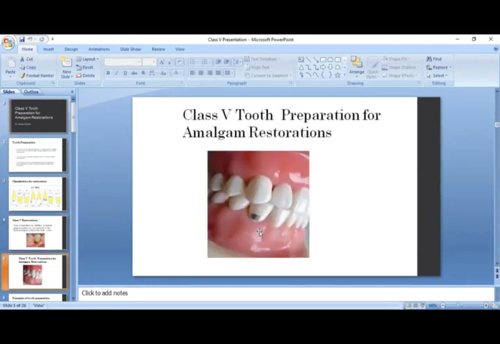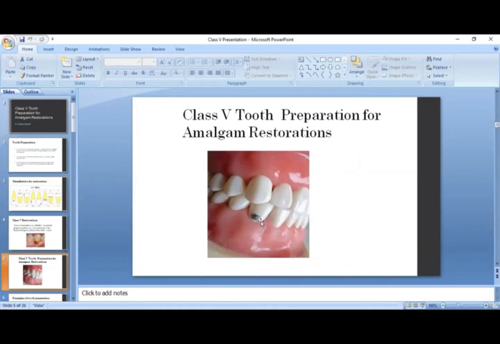Again, this is also a carious situation. This is basically a model, a phantom, which I'm sure you can easily visualize in our labs. They basically show that class 5 carious lesion, and that cavity is filled with amalgam. Amalgam is a kind of material which is a metal filling.